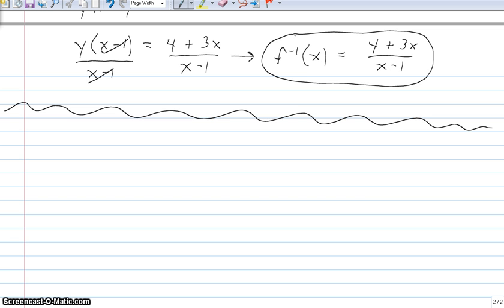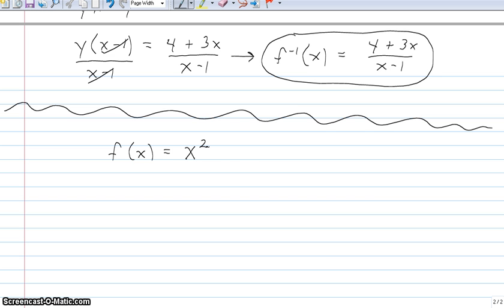Now this is probably a more formal proof than would be required in a lot of algebra or pre-calc classes. But to prove that a function is one-to-one, well, for instance, we know this function is not one-to-one because it doesn't pass the horizontal line test, right?